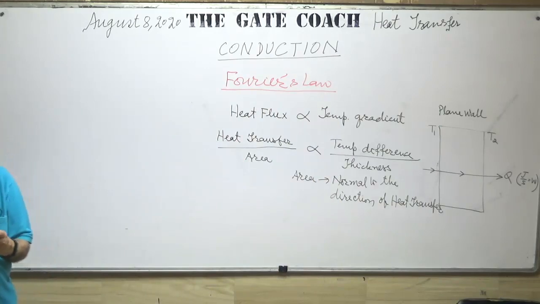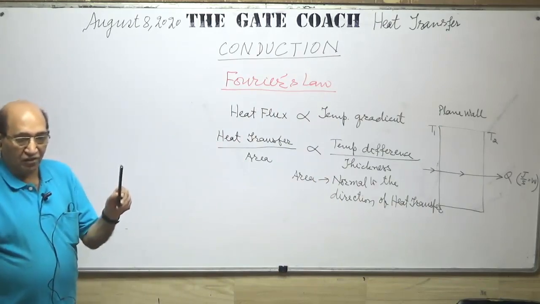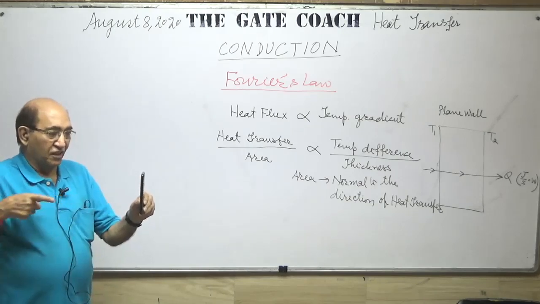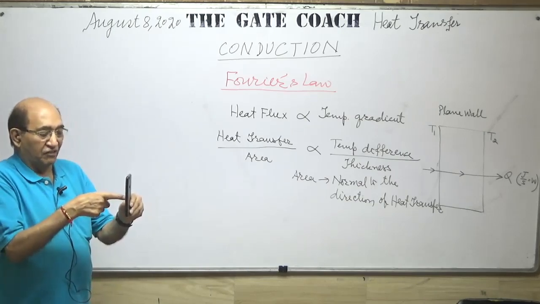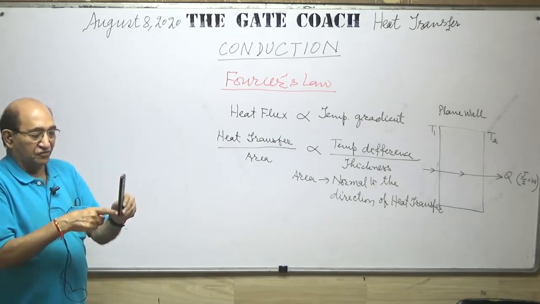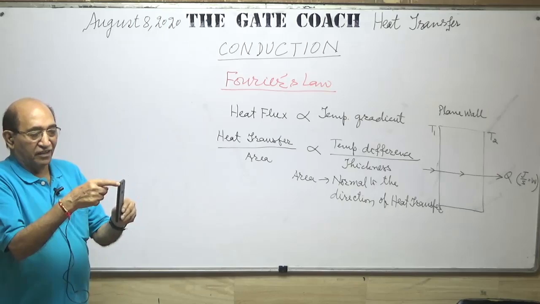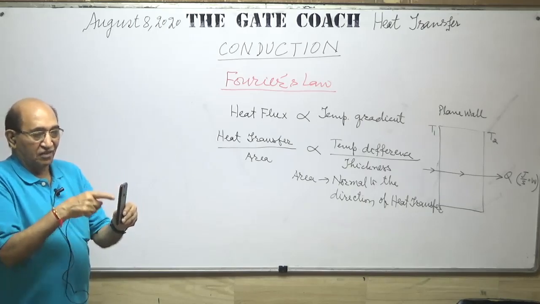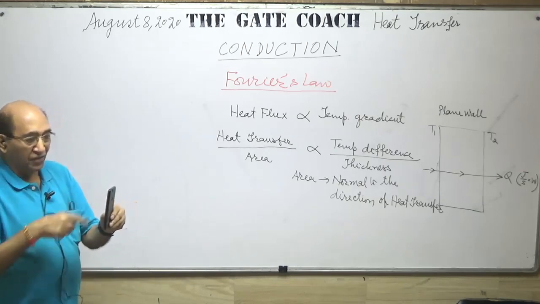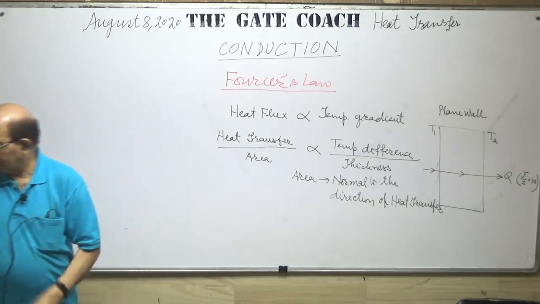Imagine if this was a wall, heat transfer is taking place in this direction, area will mean normal to the direction of the heat transfer, this area and not this area. This is the area normal to the direction of heat transfer.